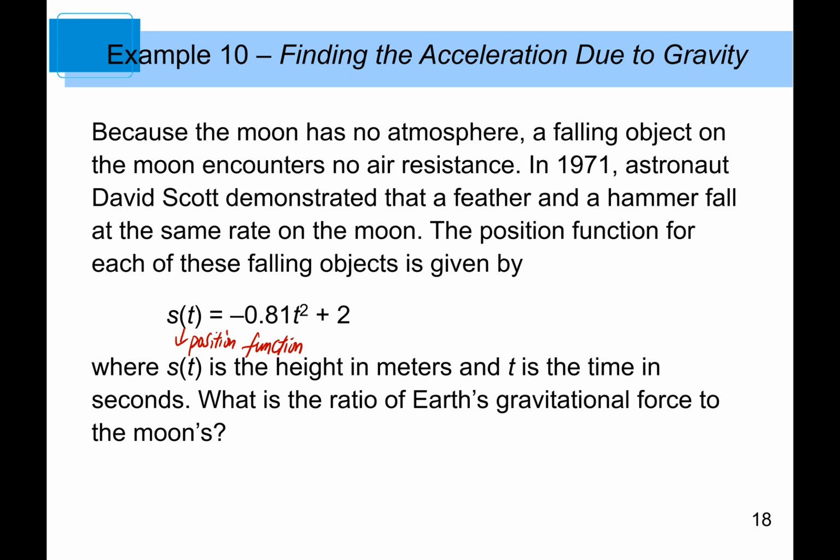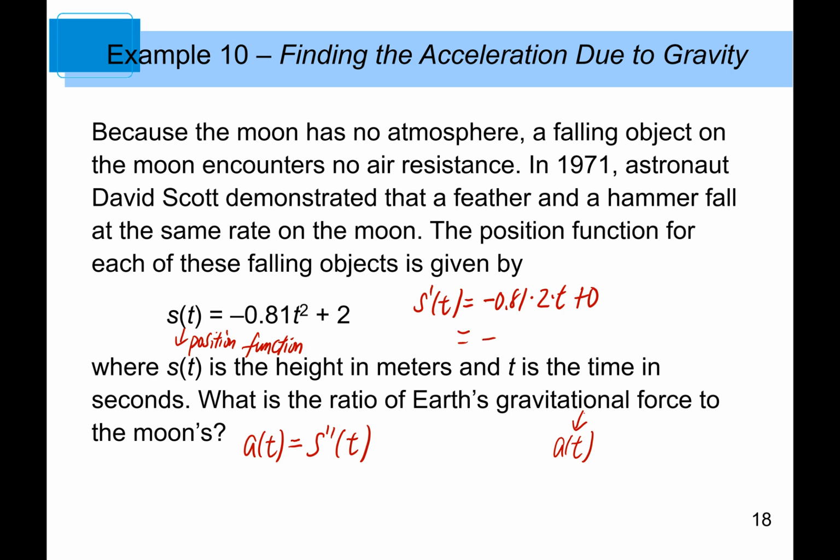So gravitational force, that's a of t, the acceleration function. So we need to find this acceleration function. The acceleration function is the second derivative of the position function. So first, s of t equals that, and s prime of t, using the power rule, is negative 0.81 times 2 times t plus 0, right?